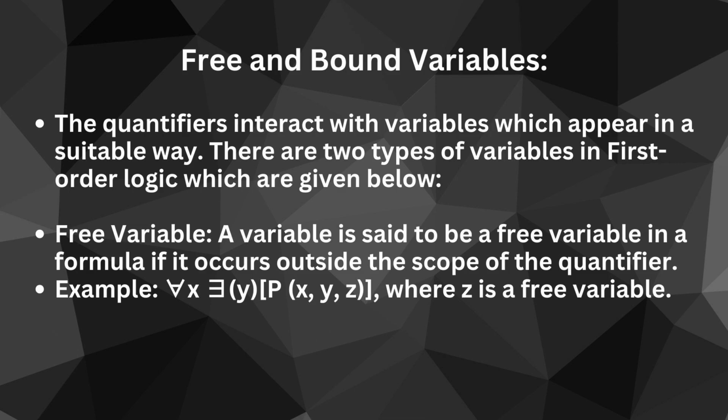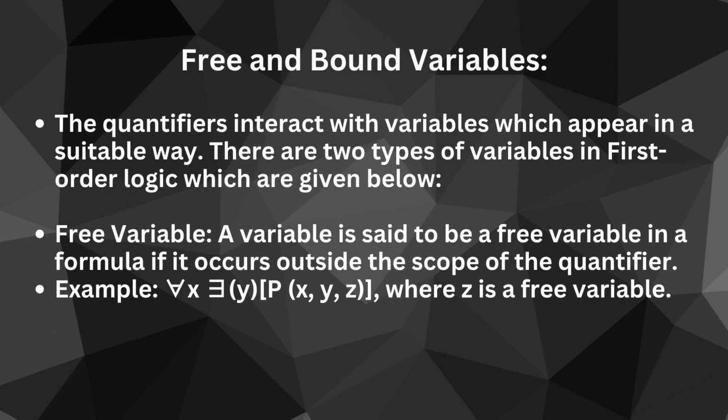There are two types of variables, free variables and bound variables. A variable is considered a free variable in a formula if it appears outside the scope of any quantifier.